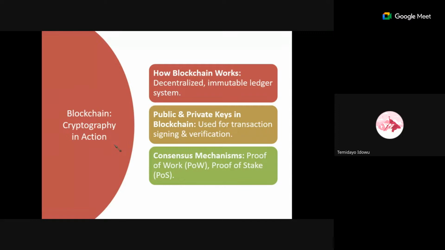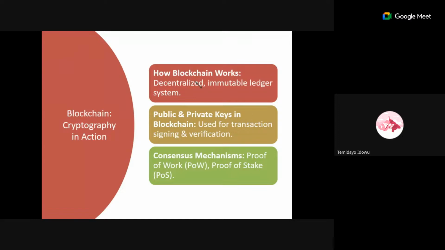For those who know about blockchain, that have maybe read or done anything about it, it is a decentralized, immutable ledger system. What decentralized means is that we do not have just one person controlling the whole thing. It is decentralized.